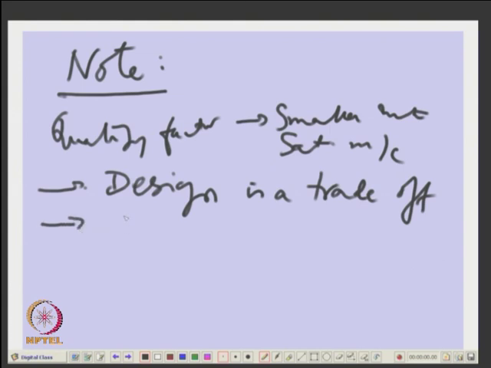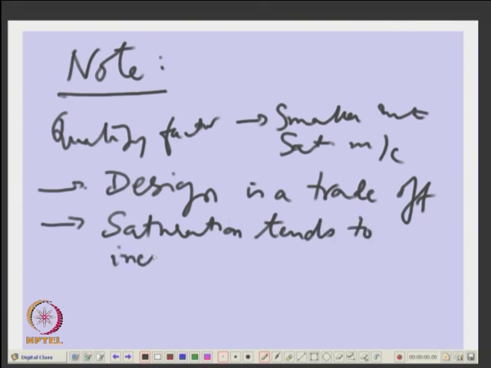Then saturation tends to increase the size of the machine. This is one of the points. Saturation tends to increase the size of the machine, right.